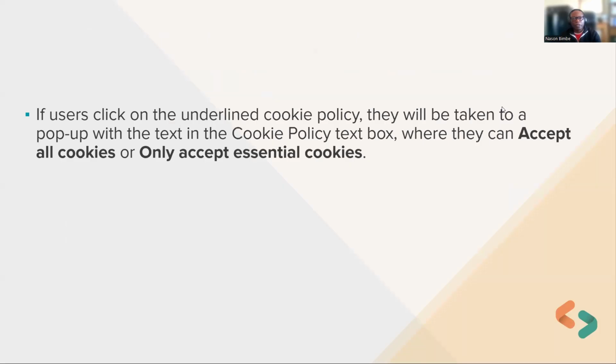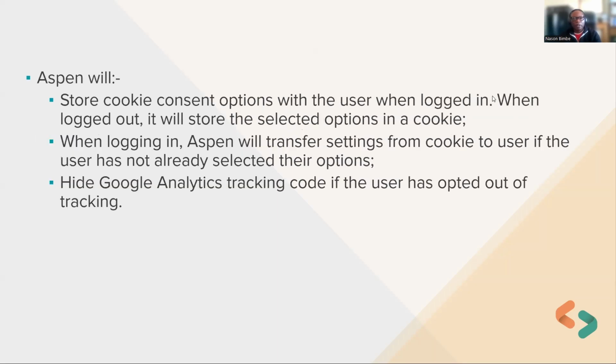So if a user clicks on the underlined cookie policy, they will be taken to a pop-up with the text in the cookie policy text box where they can accept all cookies or only accept essential cookies. That's what I've shown. So what happens when the user clicks accept all cookies or accept essential cookies?